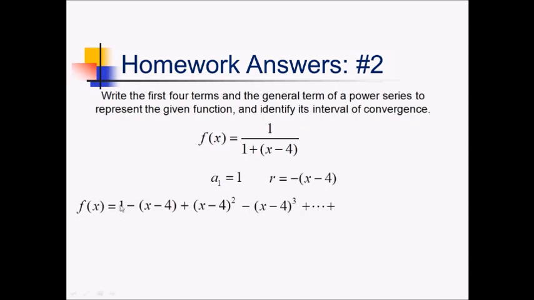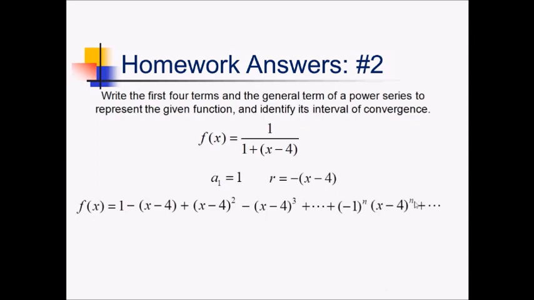Since my first term is positive, and I usually use a starting n value of 0, I'm going to write parentheses -1 to the n power, because -1 to the 0 gives me a positive here. And then, as n goes up, it'll keep switching between negatives and positives. Next, I need an x minus 4 in there somewhere, but I don't have an x minus 4 in my starting term, so I'm going to make this x minus 4 parentheses all raised to the n power.